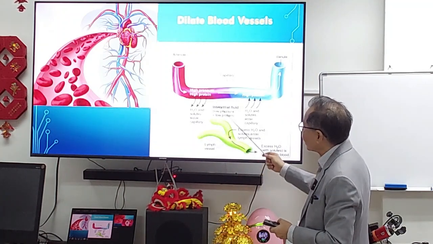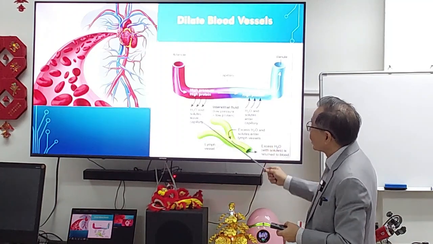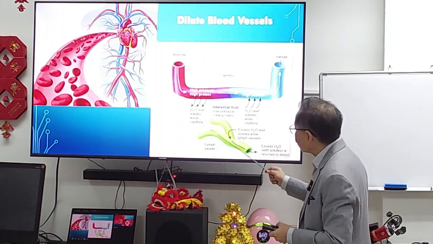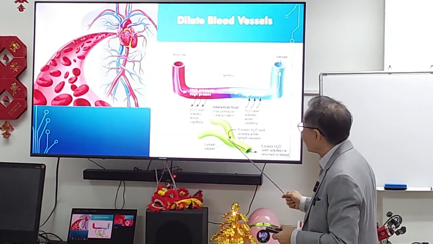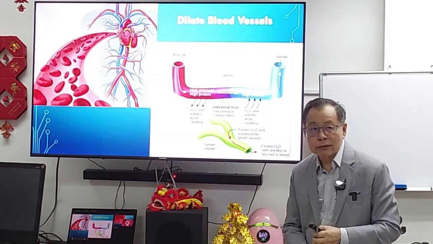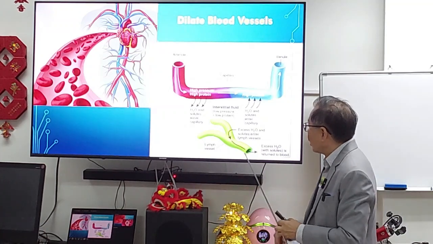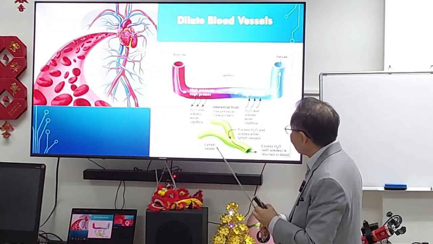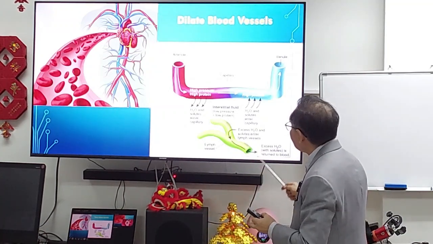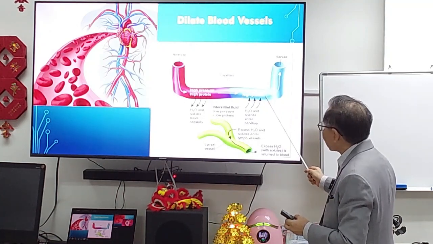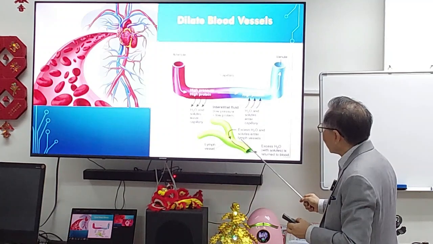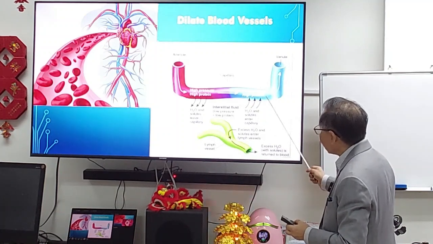So oxygen, water, and a lot of nutrients leave the arteries to go into the tissue. In the tissue, there's low pressure. The oxygen is made use of, the nutrients are made use of, and the water is used for the cells. Then when it reaches the veins, the venous end, water and other things enter the vein.